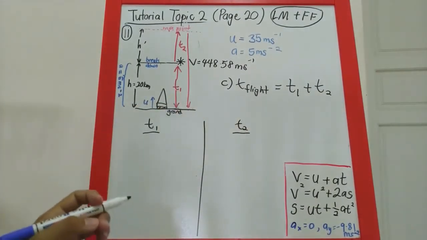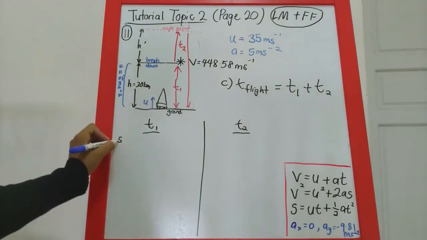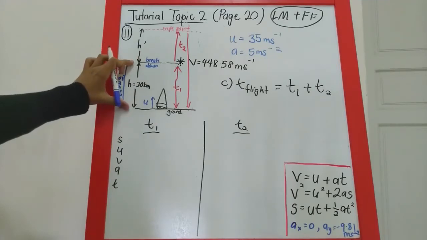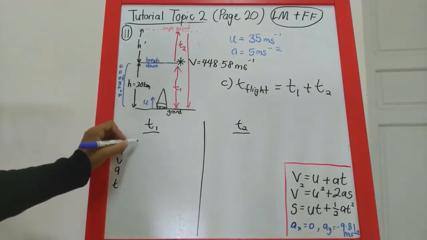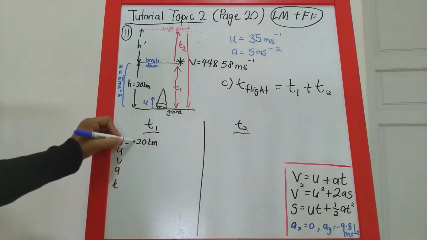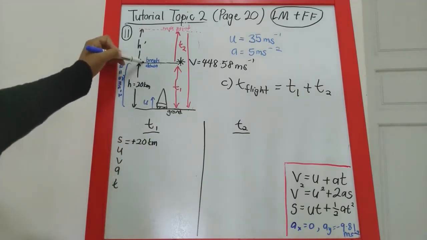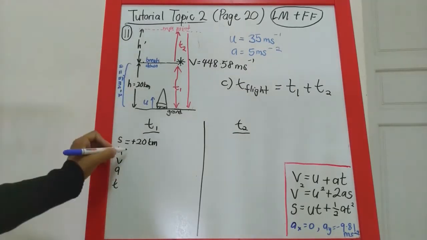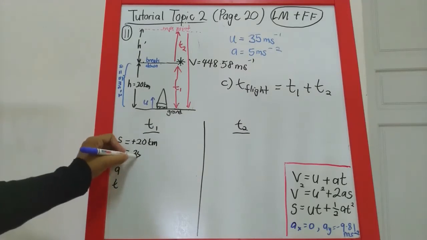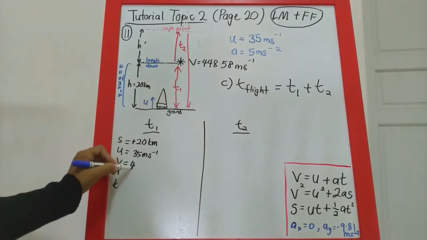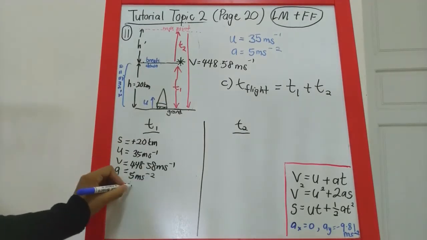Okay, so for T1, do SUVAT analysis. For this part, the information that you know is S. The value is positive because the final point is here, the initial point is here. Therefore, final is above initial, positive. U is 35. V is at this point, which is this value. A is 5. We need to find the time.